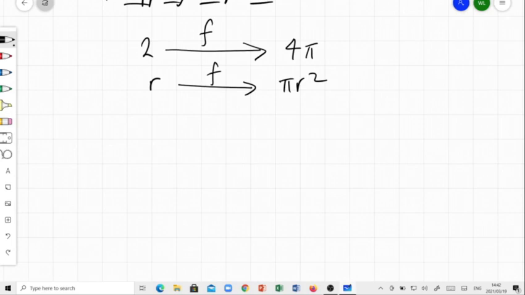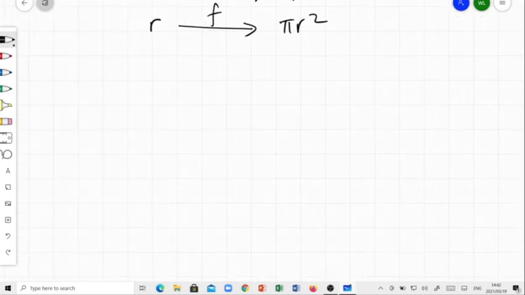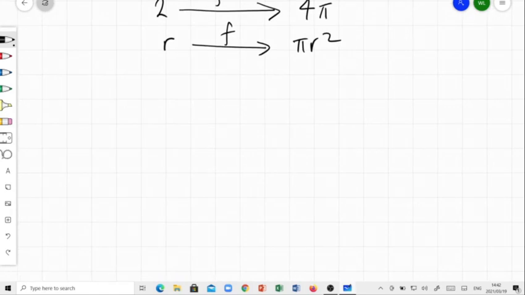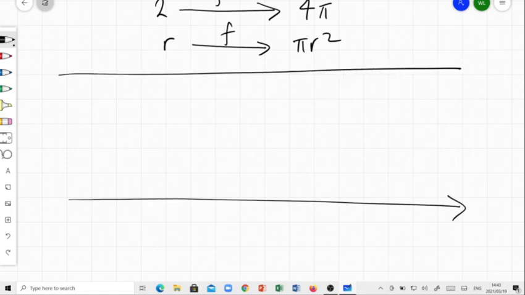Okay, so now a mapping diagram is very similar to a graph, except that you actually draw your x and your y axis parallel to each other.